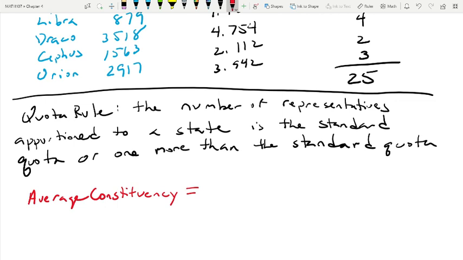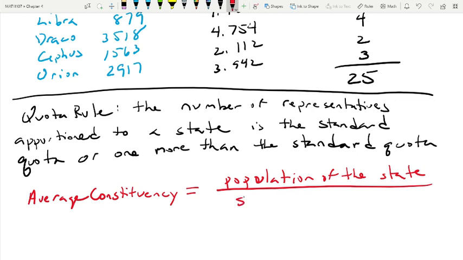It is given by the population of the state divided by the number of representatives.